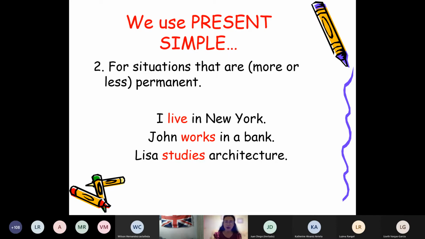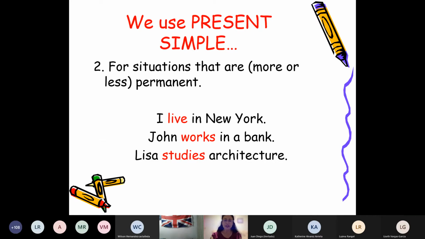Here you have the present simple tense for permanent states. For example, you say, I am single, or I am married, I have 2 children, I work in a company. Those are examples of permanent states, right?